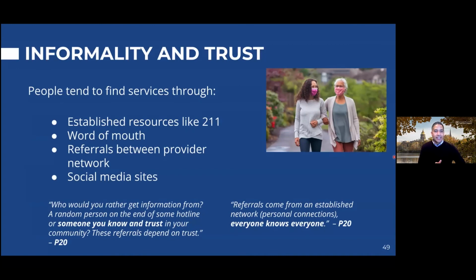One is that social services work requires a tremendous amount of trust, and people find services through resources like 211 and social media, but much of it also happens through word of mouth and through provider-to-provider referrals, meaning a really tight-knit community of providers who are really aware of what each other is doing. As we can see here, people want to speak to someone they trust.